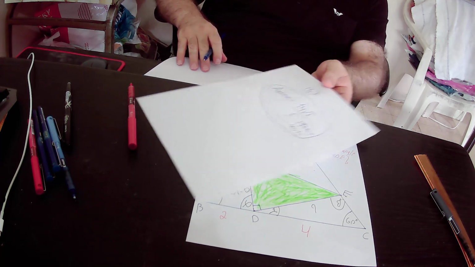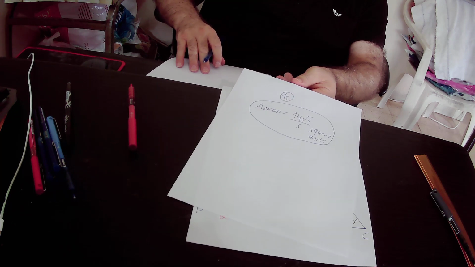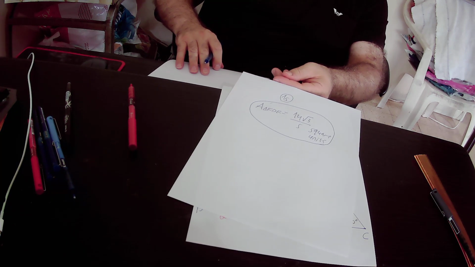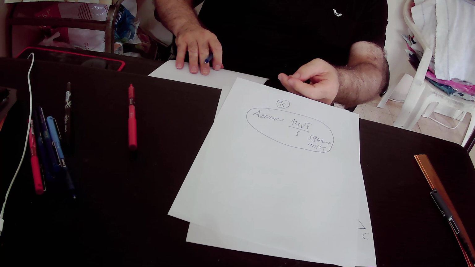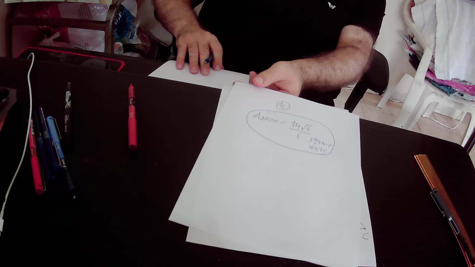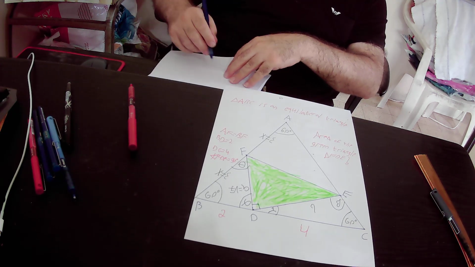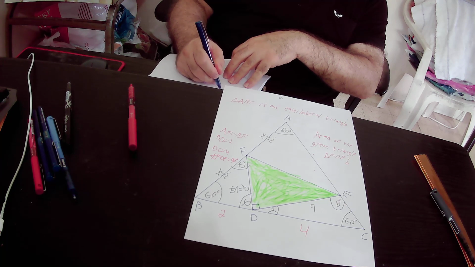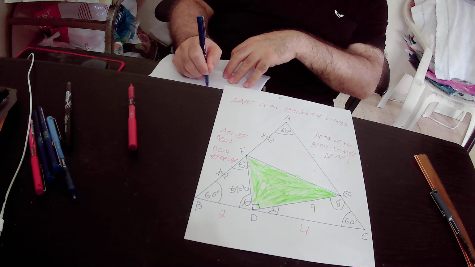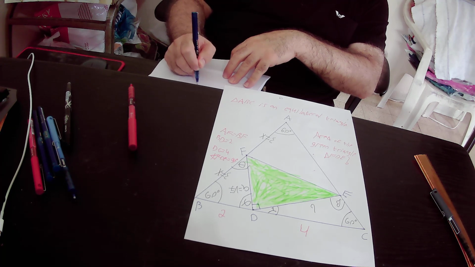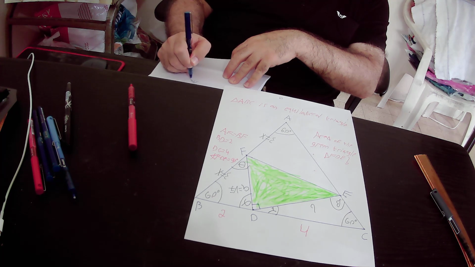Okay, the area of the green triangle FDE equals 14 times root 3 over 5 square units, or in terms of numbers, the area of the green triangle FDE equals 4.85 square units.